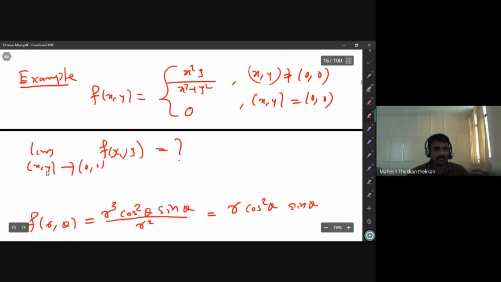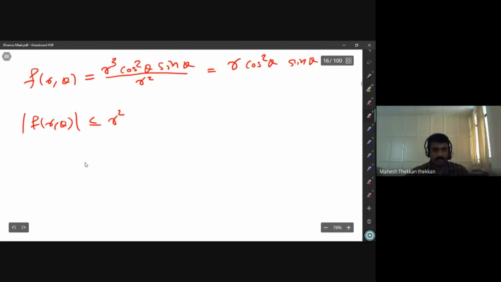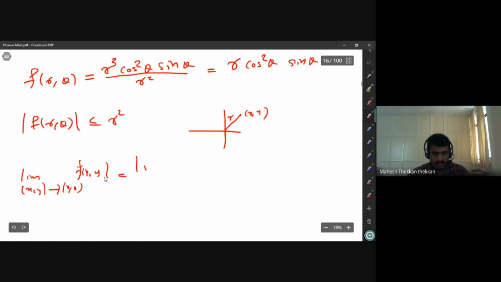Then what happens if x comma y tends to 0 comma 0? What happens to r? Our x comma y is somewhere here, and r is this distance. If x comma y is approaching 0, r is also going to 0. So the limit as x comma y tends to 0 comma 0 of f of x y is the same as the limit as r tends to 0 of f of r theta.